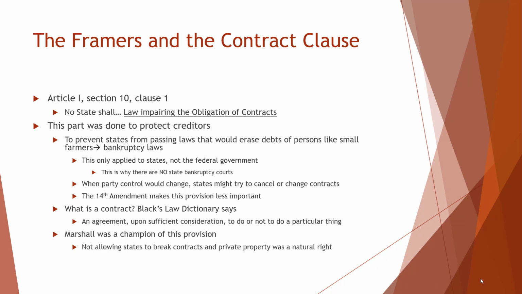So in Article 1, Section 10, this is a chapter that, if we were doing this in just 2 courses instead of 3, would go with governmental powers, because Article 1, Section 10 is the limitation of power on states. It says things that states cannot do.